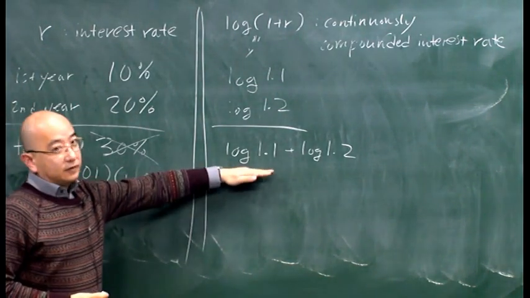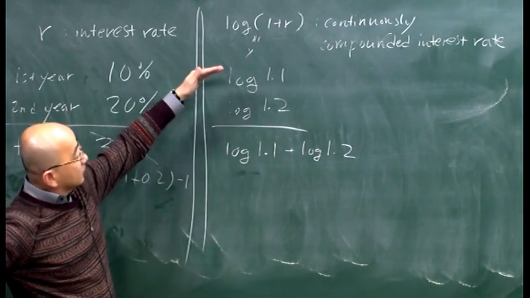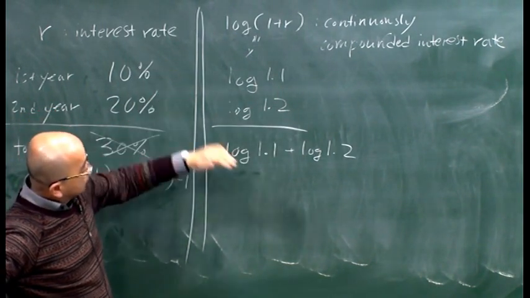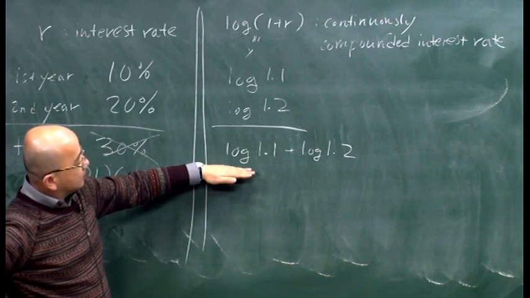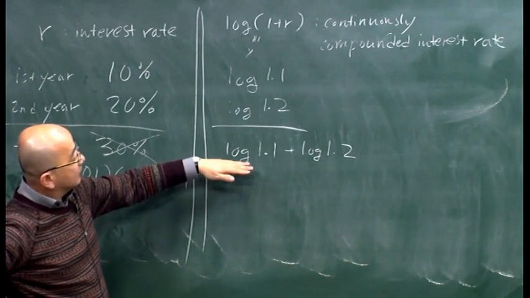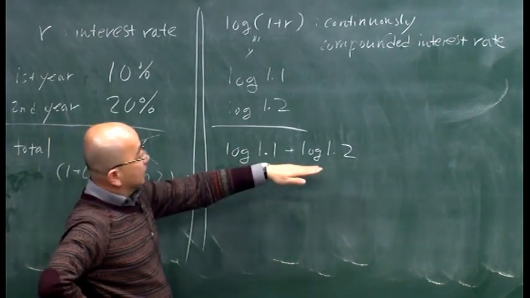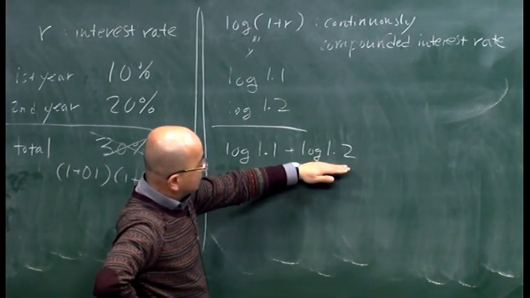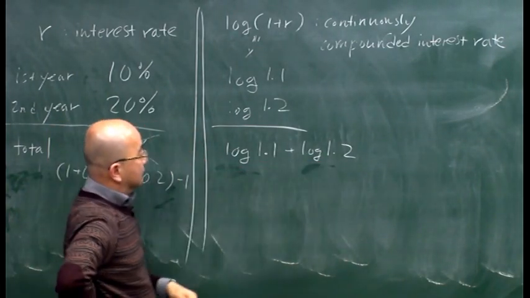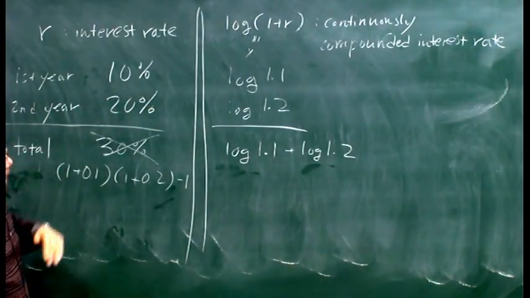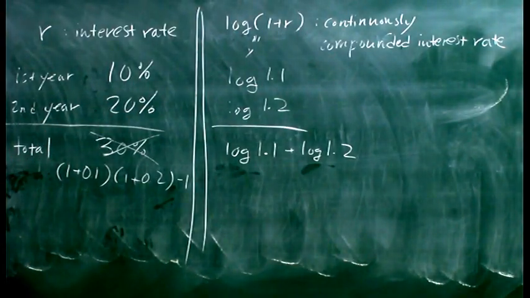So if you look at this part, interestingly, we can express the total interest rate as the interest rate of the first period plus the interest rate of the second period. So we can just add the interest rates of different periods, and we can obtain the total interest rate.